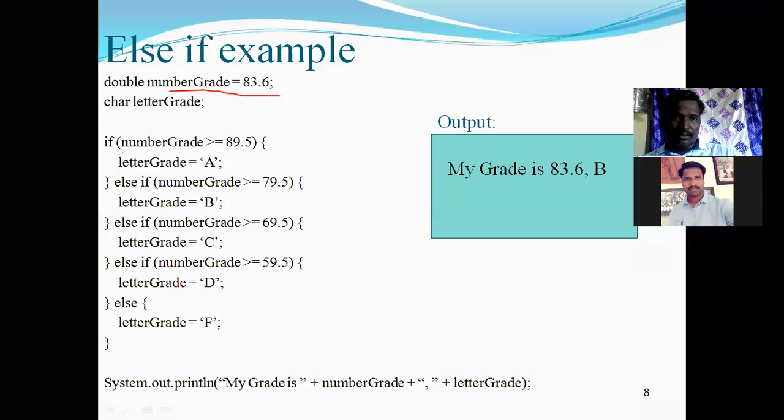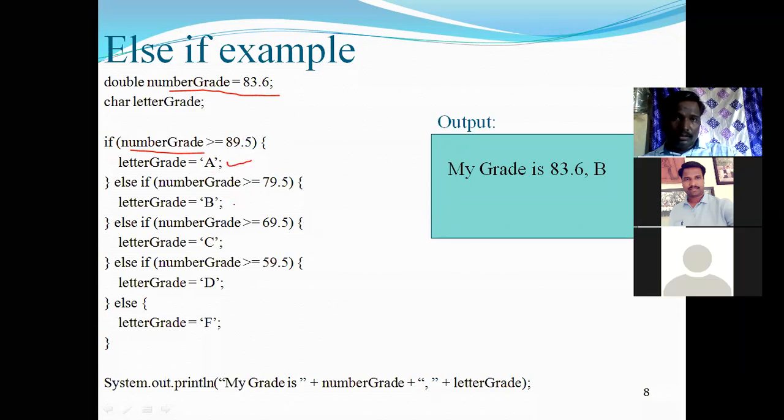You have to check within this. If the number grade is greater than or equal to 89.5, then an A grade will be assigned. If the grade is greater than or equal to 79.5, then the letter grade will be B. Like that, based on the condition, the grade is assigned.